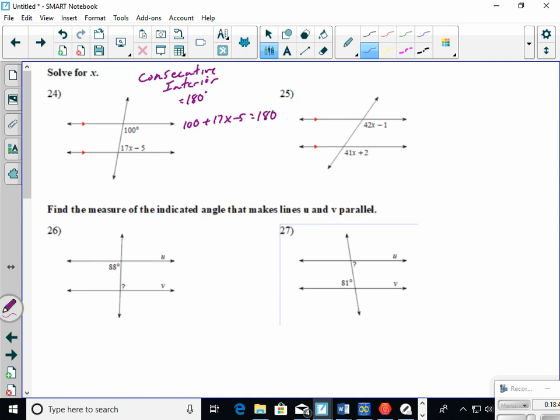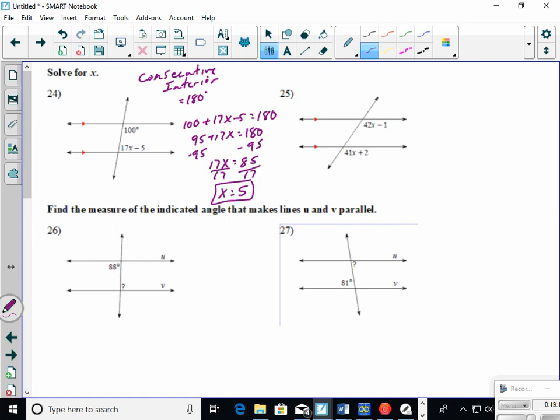So 100 minus 5, 95, plus 17x equals 180. Subtract 95 from both sides. And 17x equals 85. And divide by 17. Our x value is going to be 5.